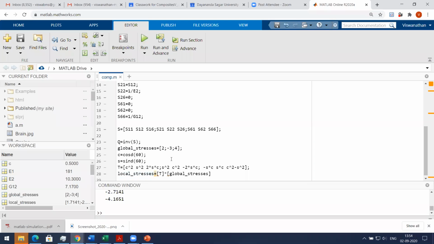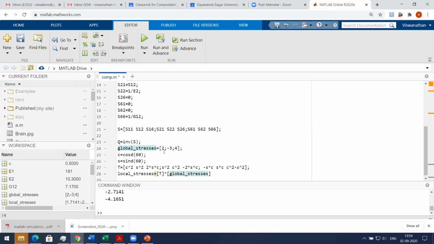Any doubts so far? Suppose these are local stresses, how do you find global stresses? Suppose local stresses are given.